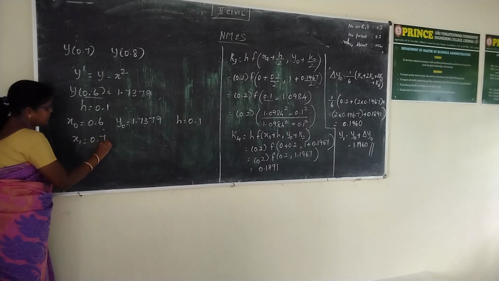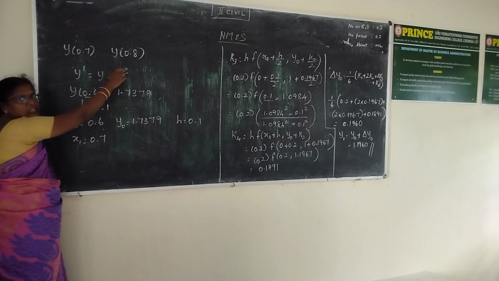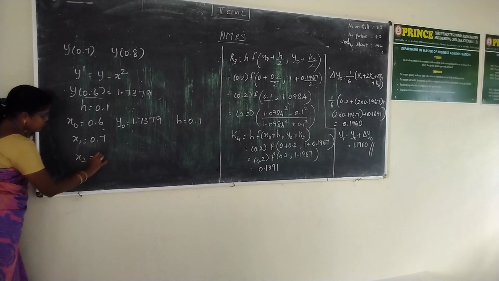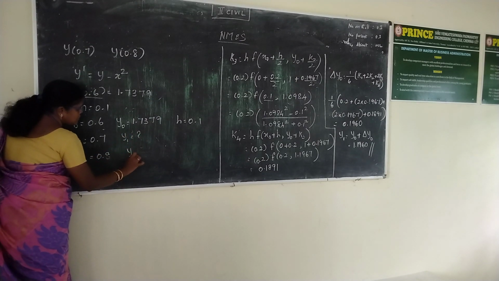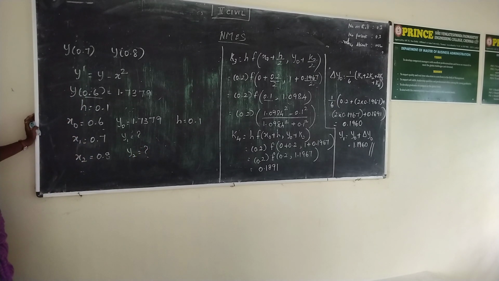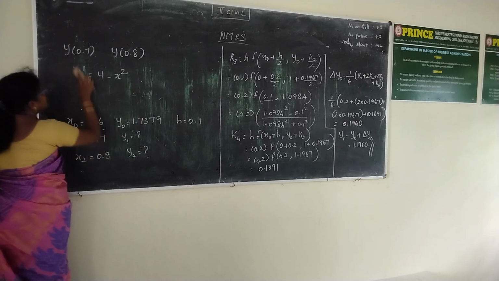0.7. In your question, what is supposed to be found? 0.7, as well as 0.8. So go for the next x value, x2. So you have to find y1 as well as y2. You have to find two values. What is f of x comma y? y dash.